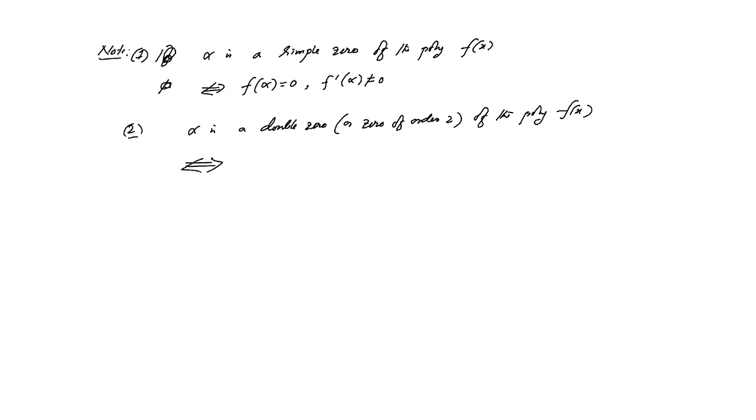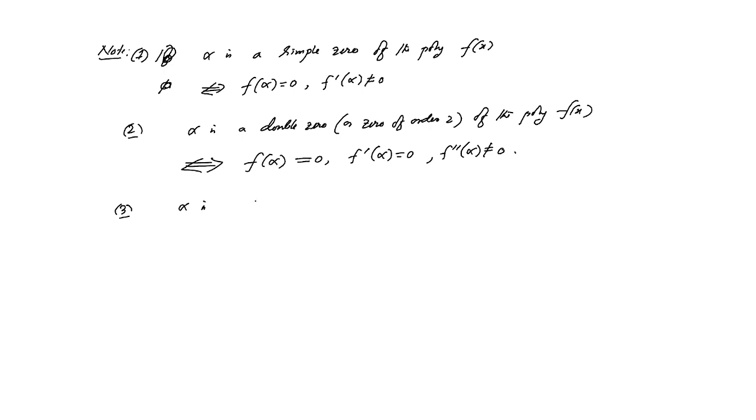What exactly does it mean? If and only if f alpha equals 0, f dash alpha equals 0, but f double dash alpha is not 0.